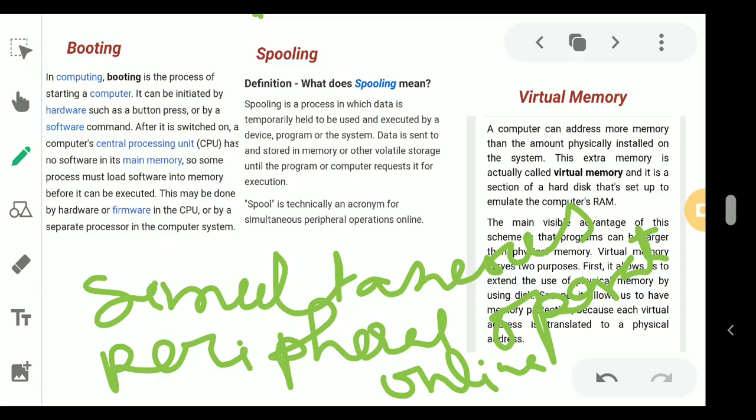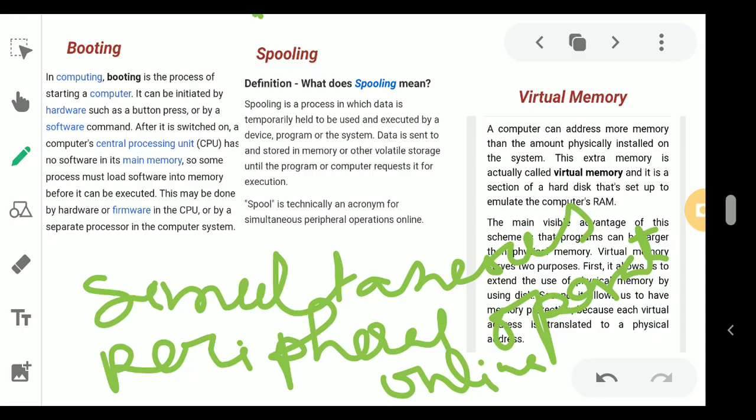So the output device or input device cannot match the speed of this data transmission. That's why it is loaded into the intermediary state, and from there, according to the speed, it is transmitted to the CPU, or from the storage unit it is transferred to the output device.